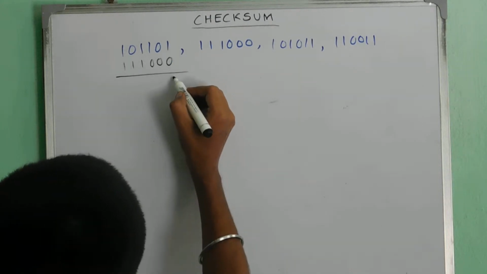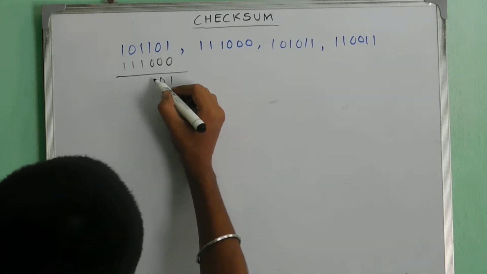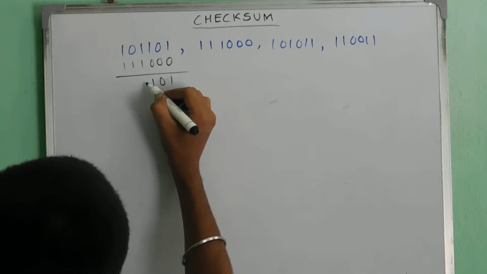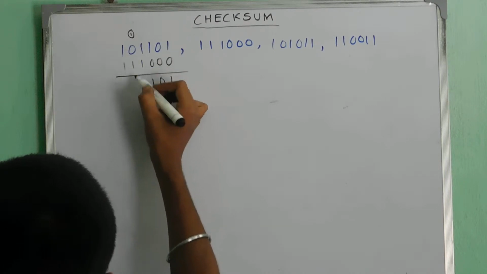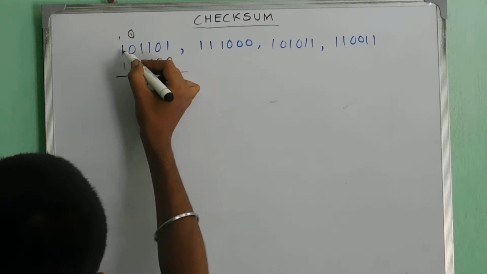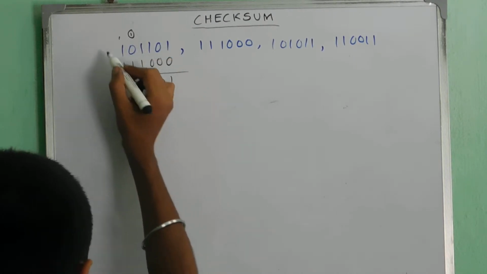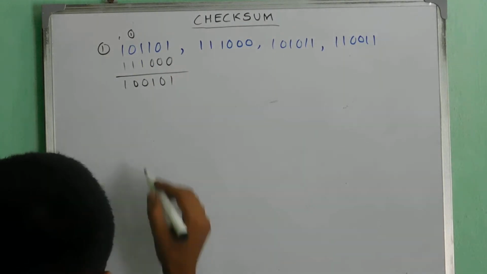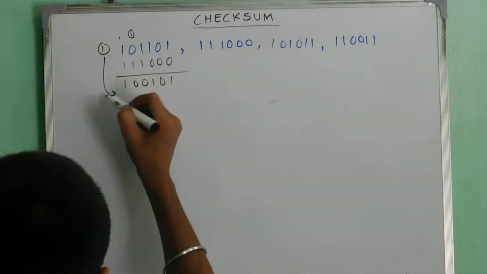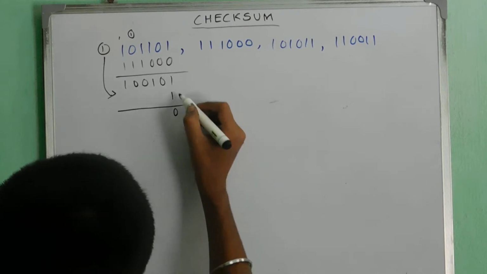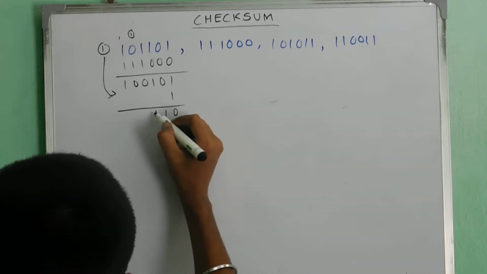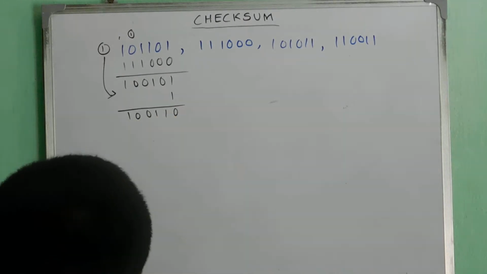So 1 plus 0 is 1, 0 1, this will be 0 and carry 1, so 1 1 will be 0, carry 1, so 1 1 will be 0, this will be 1 and carry will be 1. So this carry we will add here. Okay, so 1, this will be 0, this will be 1 1 0 0 1.